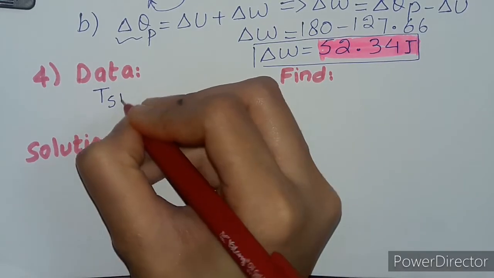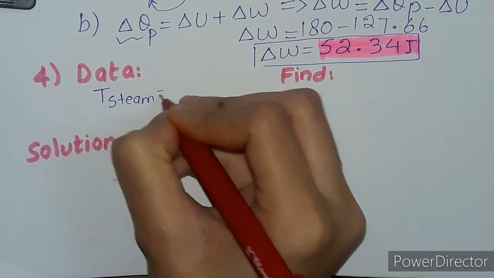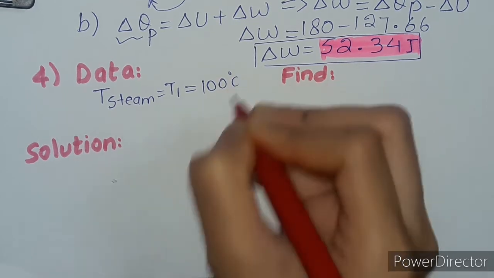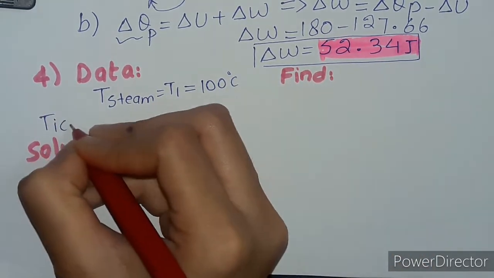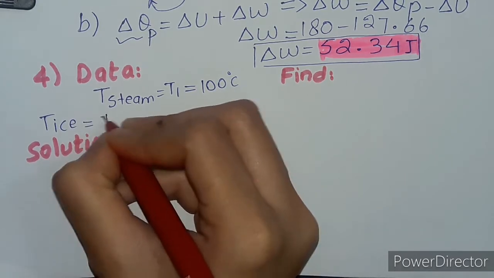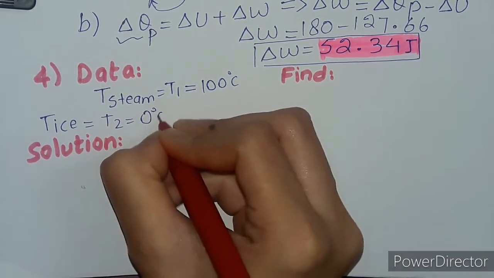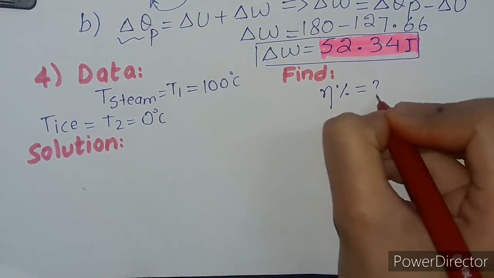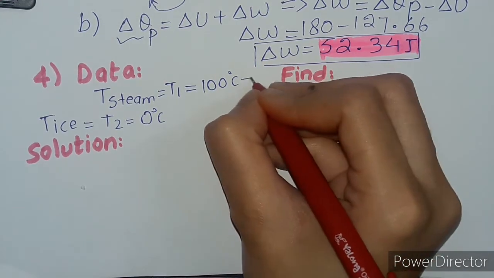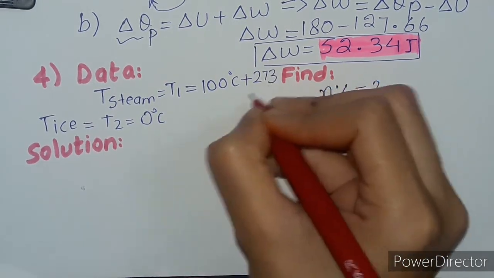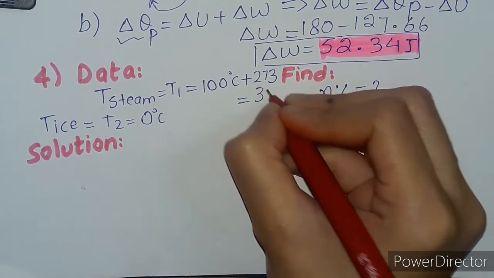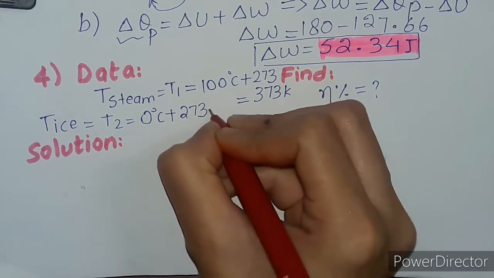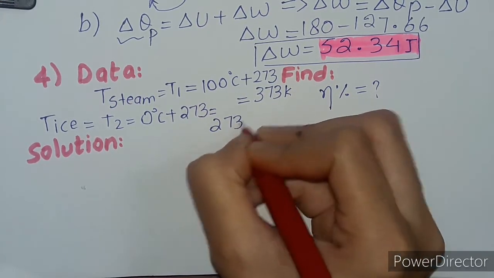Temperature of steam, represented by T1, is equal to 100 degrees Celsius, and temperature of ice, T2, is equal to 0 degrees Celsius, and we have to find the efficiency eta percentage. Converting them into Kelvin, because Kelvin is the base unit, we get T1 as 373 Kelvin and T2 as 273 Kelvin.